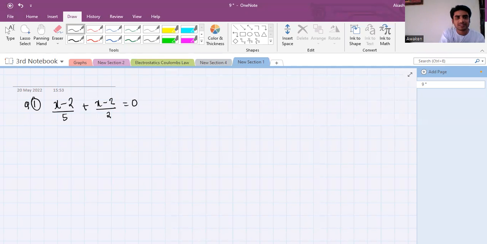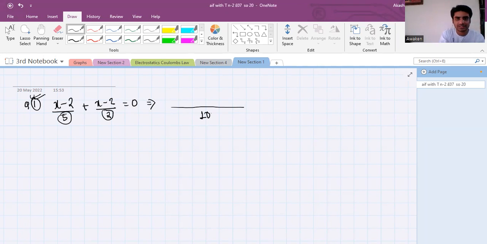All of you are able to see this expression? Yes, sir. How will I solve? I can do one thing. I can take the LCM. Take the LCM as 10. 5 into 2 is 10.